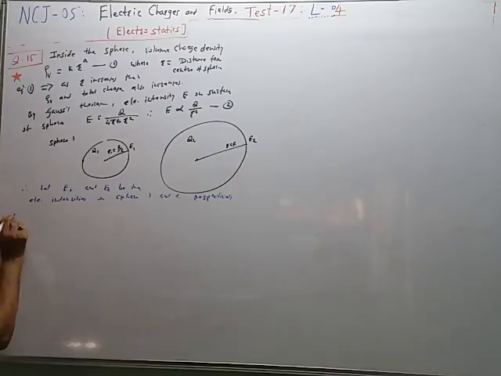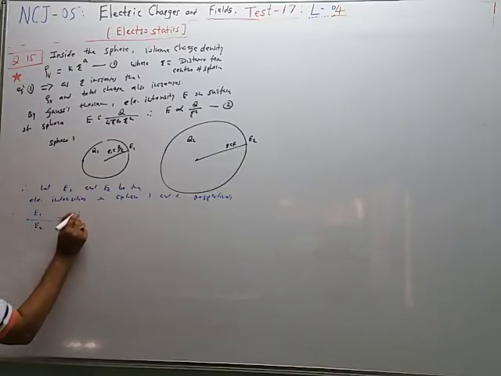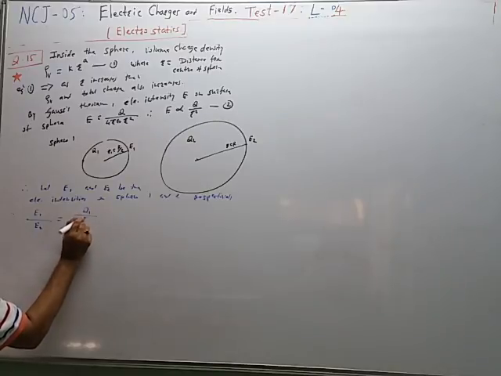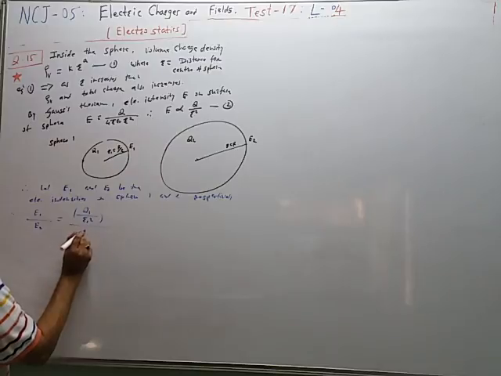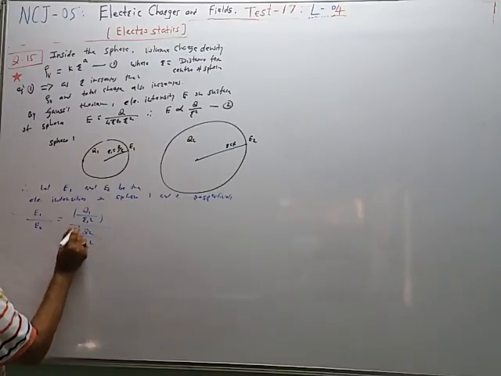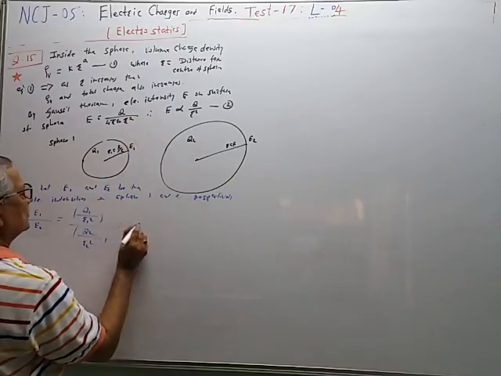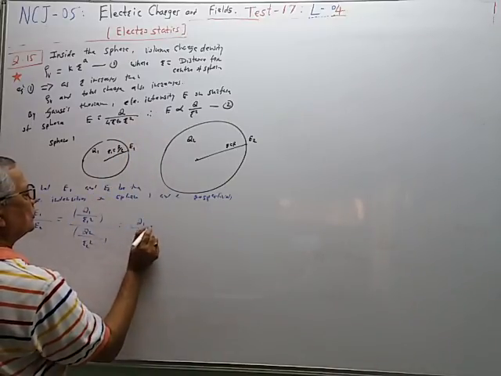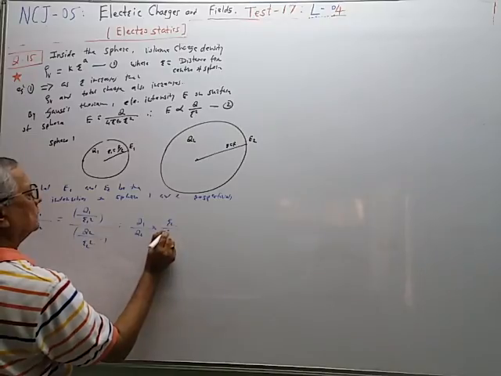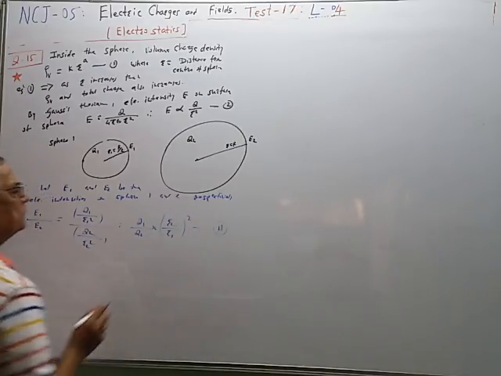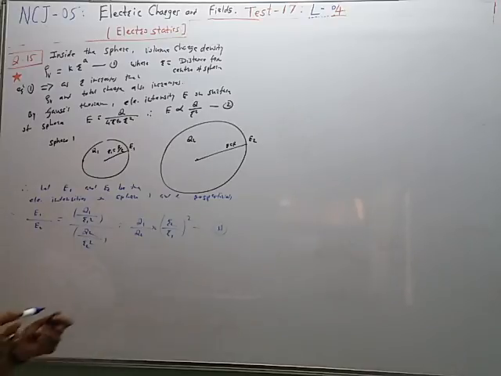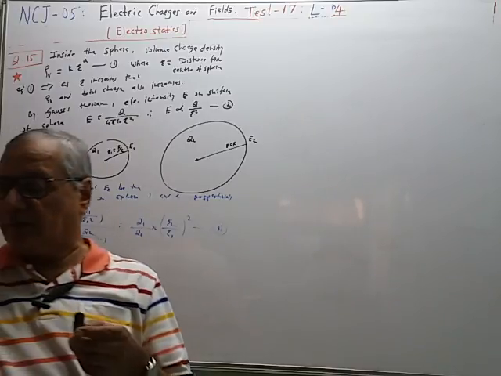Therefore, E1 upon E2 is equal to Q1 upon R1 square, using this equation, upon Q2 upon R2 square, using again this equation. So this is equal to Q1 upon Q2 multiplied by R2 upon R1 whole bracket square. This is equation capital A.